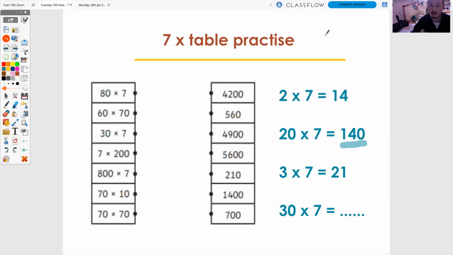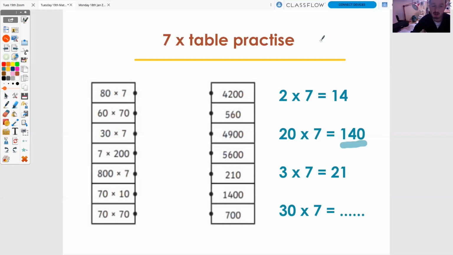But both numbers are 10 times bigger. So you've got to make it 10 times bigger and then 10 times bigger after that. So that's like 100 times bigger. It's huge. Well, 6 times 7 is 42. 60 times 7, that would be 420.